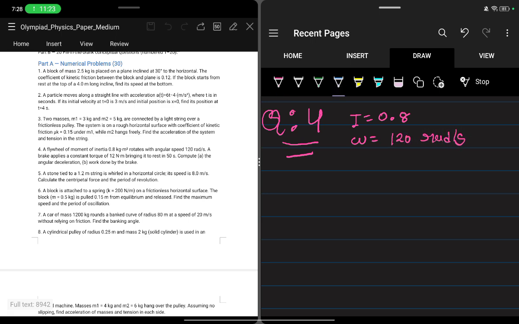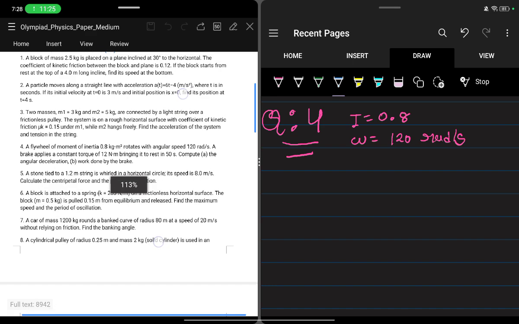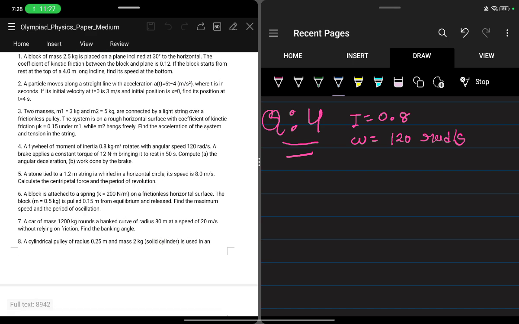A brake applies a constant torque of 12 Newton meter, bringing it to rest in 50 seconds. Compute the angular acceleration, we need to find the angular acceleration. Angular acceleration is alpha. And work done by the brake will be what?